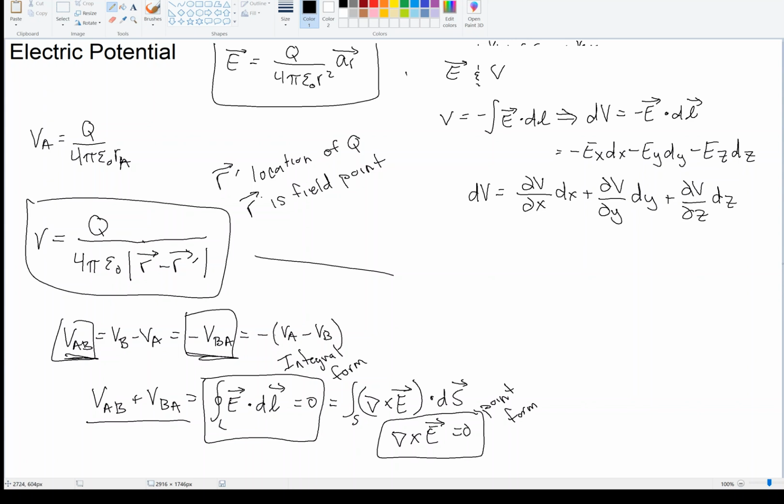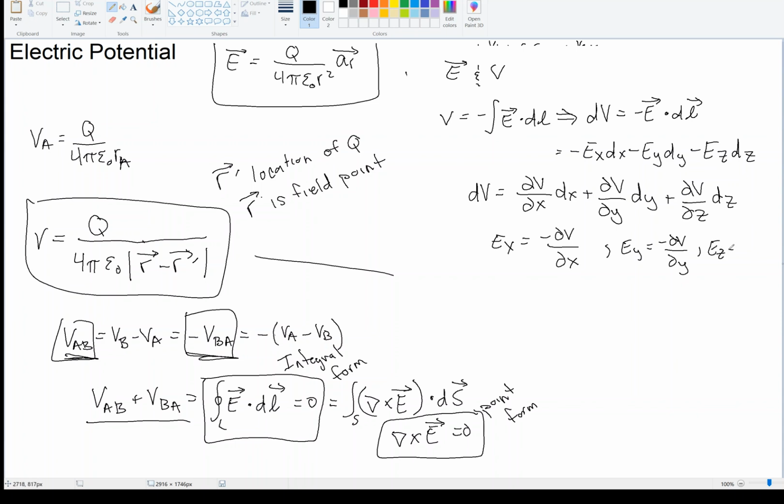Now if we compare these two things, right, dV is equal to this thing, then we see that Ex is equal to negative dV dx. Ey is equal to negative dV dy.